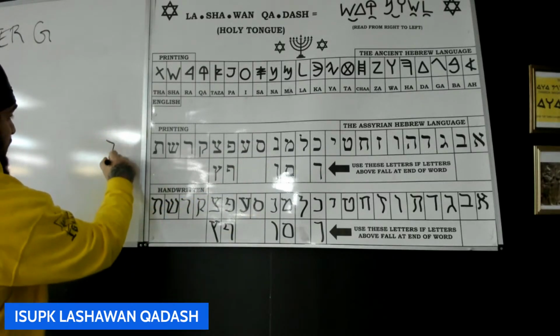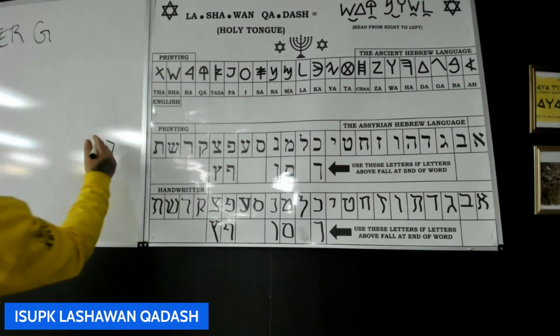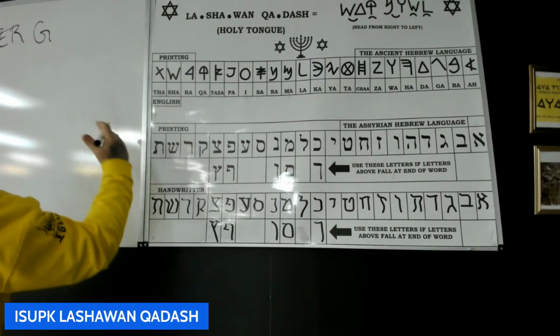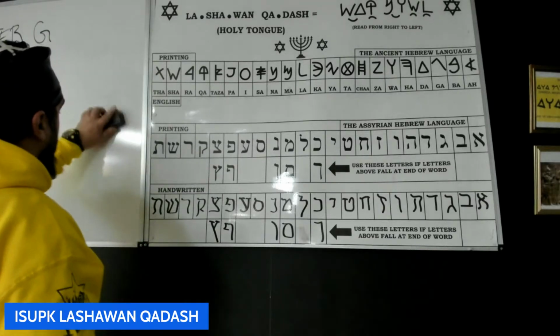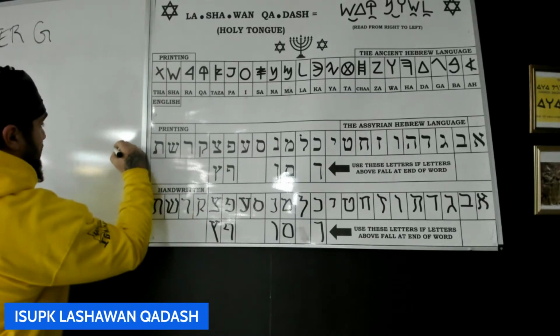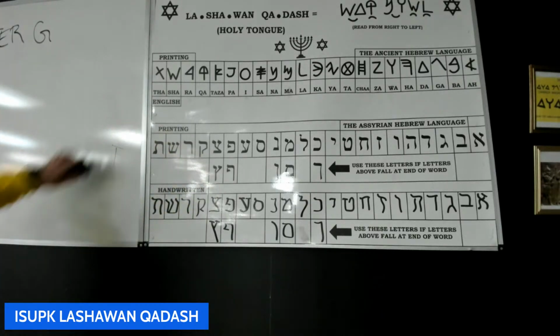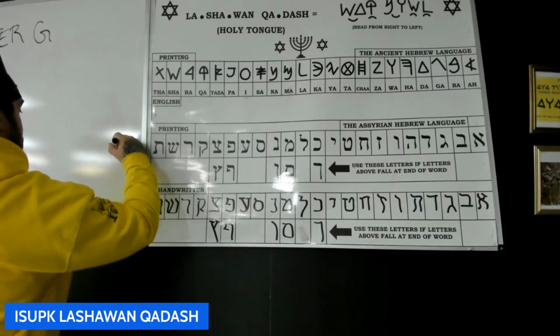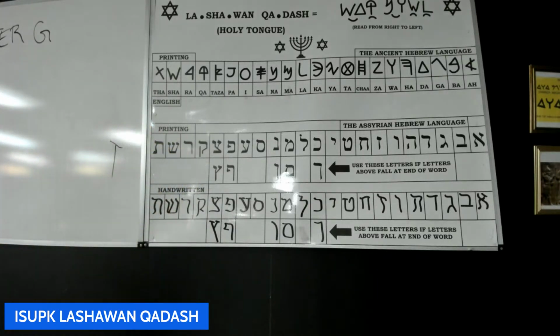Wa's like a short 7 angling upward in a way. Then you got Za. Za is like a short T. Well, I gotta make it bigger for y'all. Kind of like that. And that'll be Za.